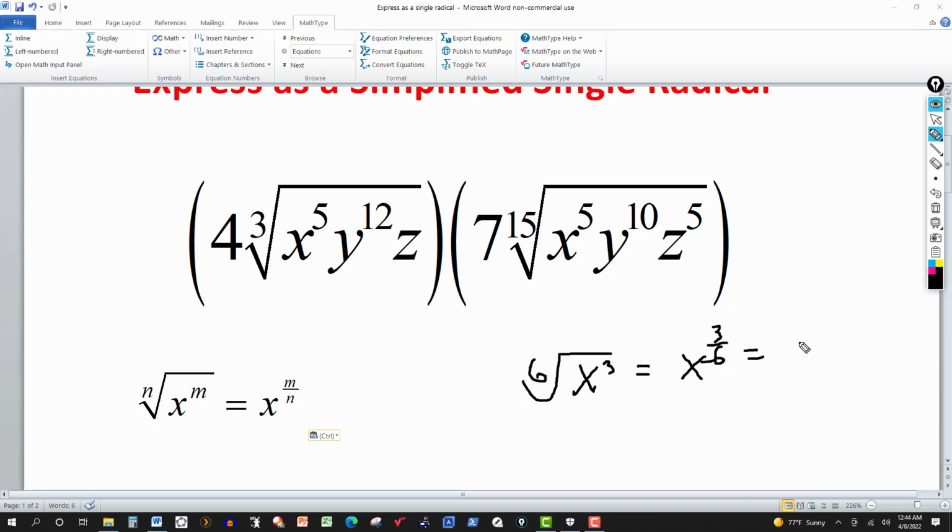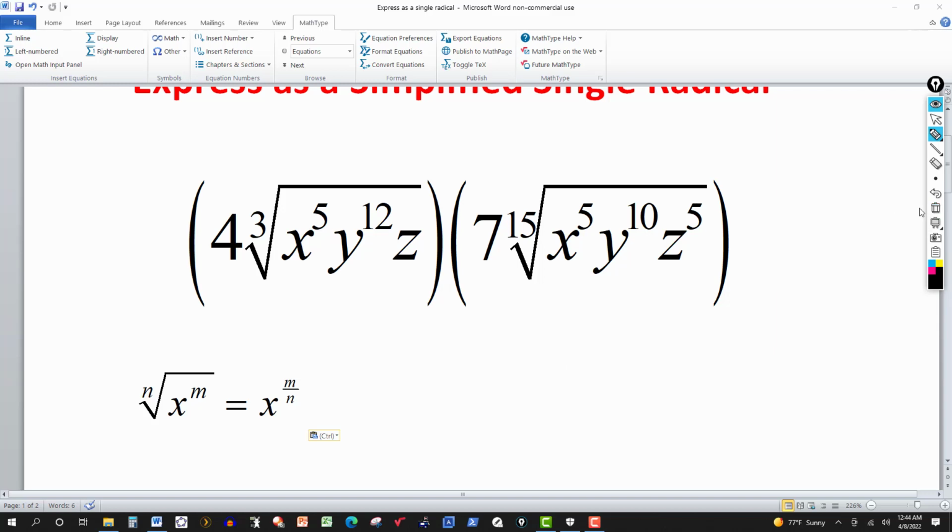And then that reduces to 1/2. So this becomes x to the 1/2, which would be the same thing as the square root of x.